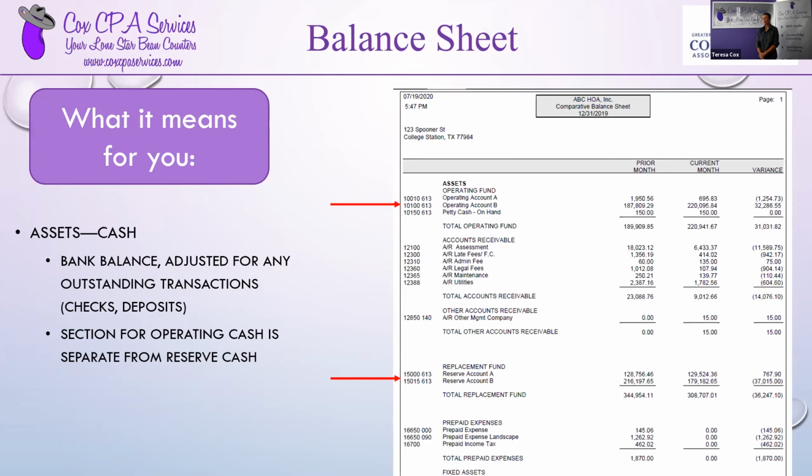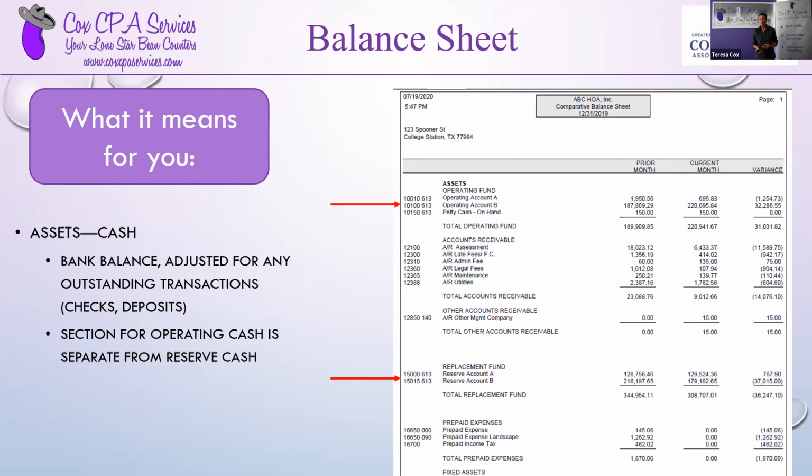So normally people think that cash is just whatever's on the bank statement, but that's not necessarily the case, because you can have things that have gone into your books but not actually cleared your bank statement. So for example, if you write a bunch of checks on like December 30th, and you write them early and you get them out in the mail and they're out for everybody to cash, well, the chances of everyone cashing all of those checks by December 31st is pretty much zero.